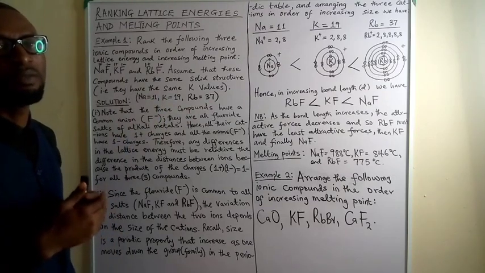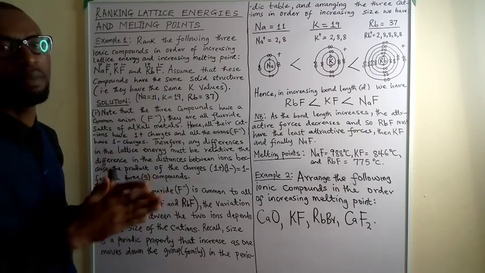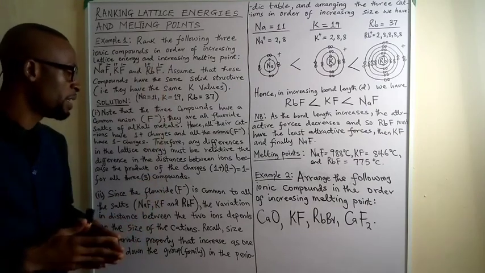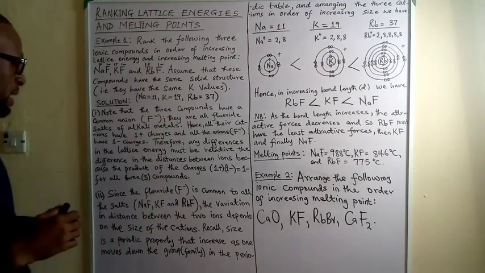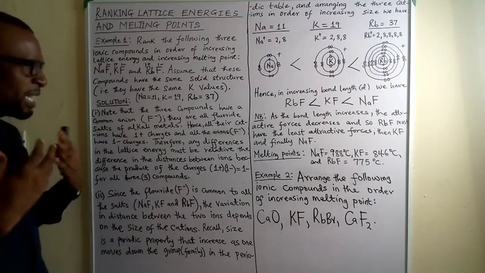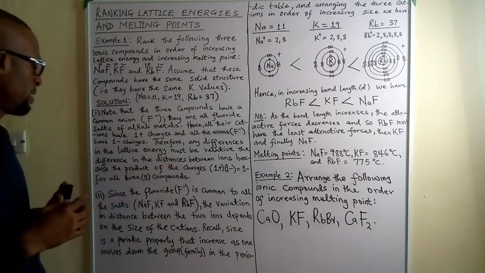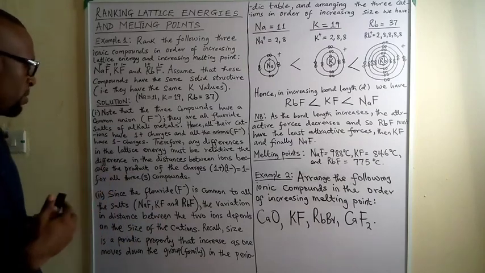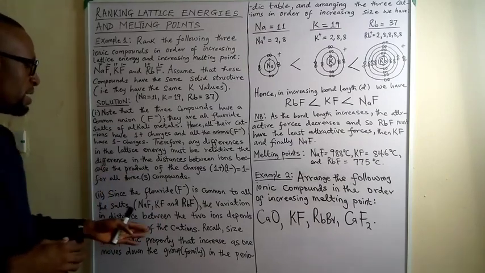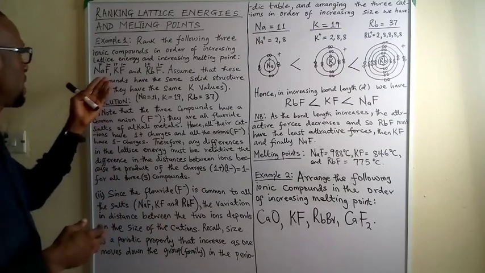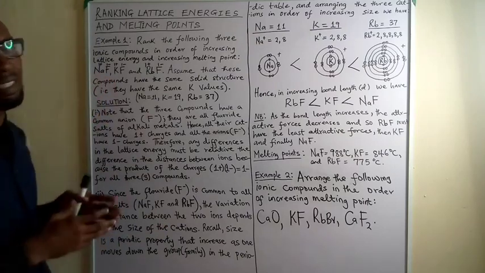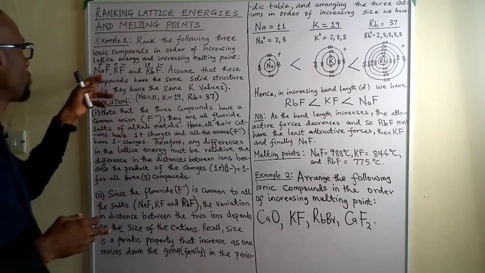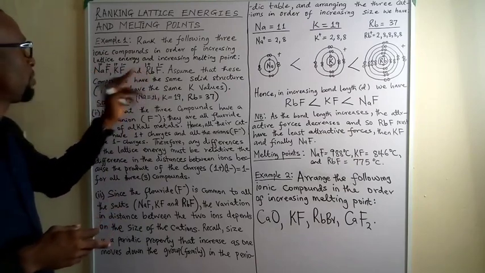They belong to different periods in the periodic table, even though they belong to the same group or family. And the variation in the distance between the 2 interacting ions depends on the size of the cation. From here, the difference in the lattice energy is going to depend on the differences in the size of sodium ion, potassium ion, and rubidium ion.